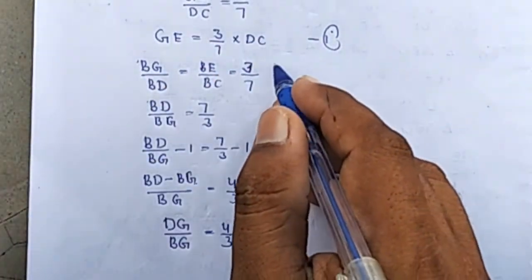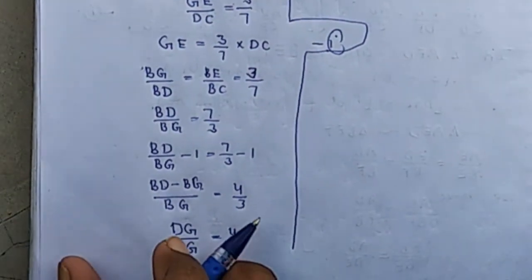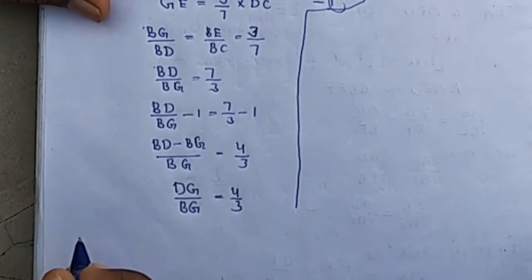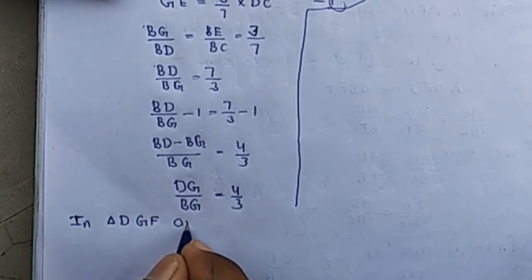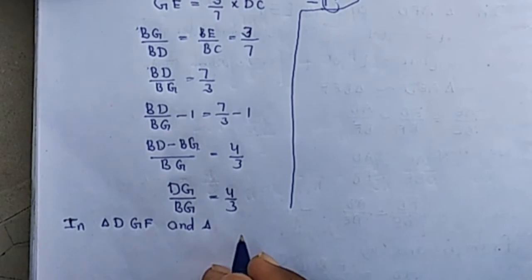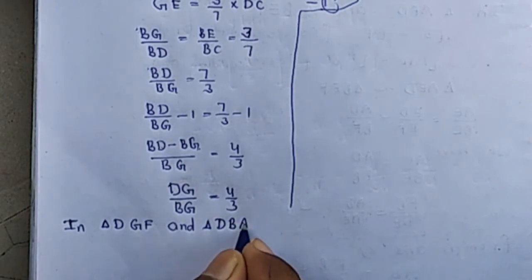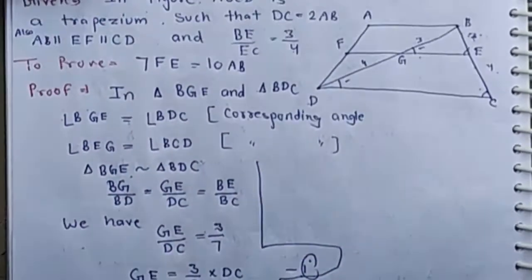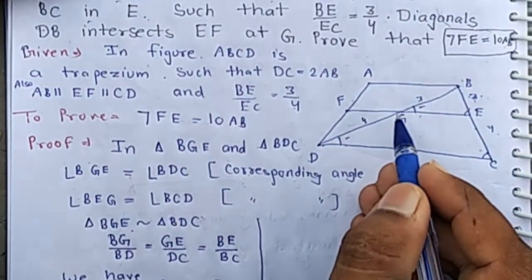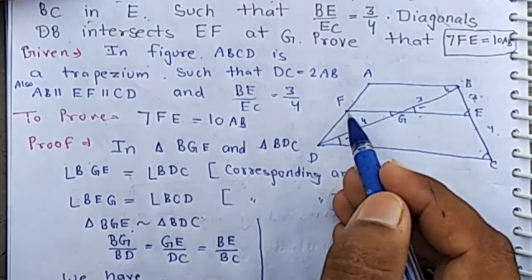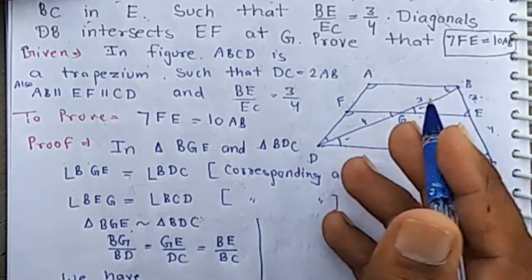Now in triangle DGF and triangle DBA, we have angle DGF equal to angle DBA, corresponding angle, because EF is parallel to AB, and angle D is common in both triangles.